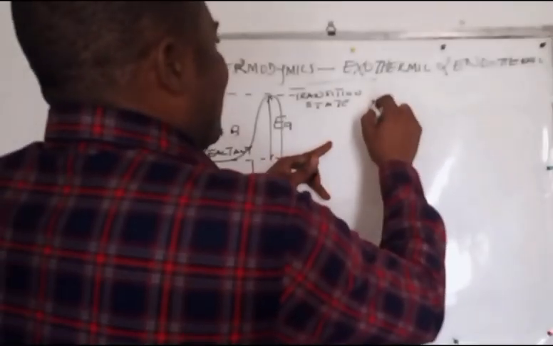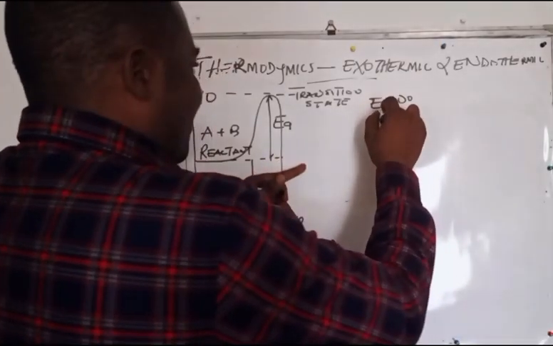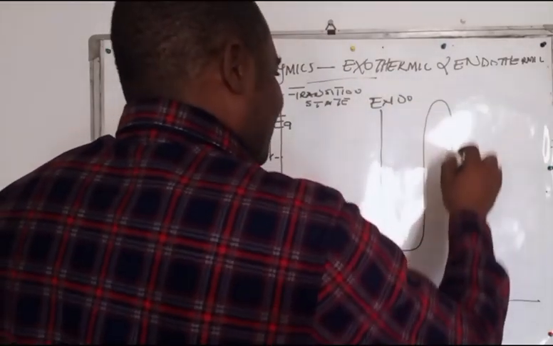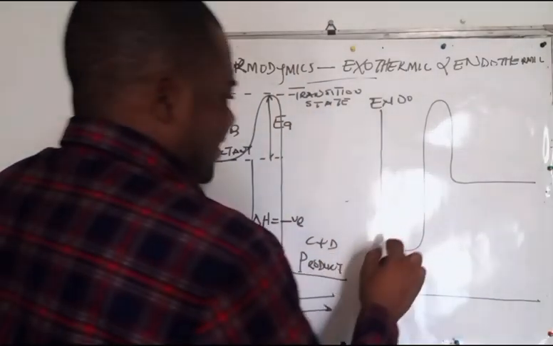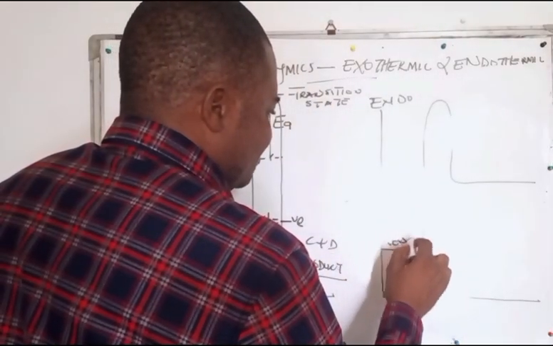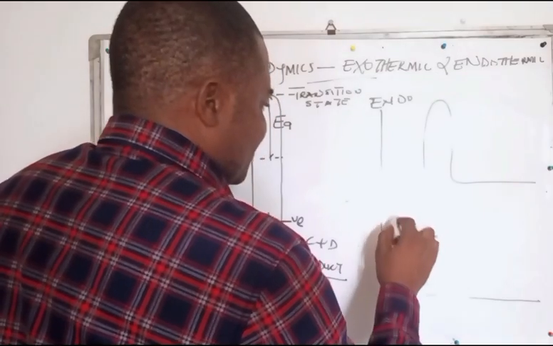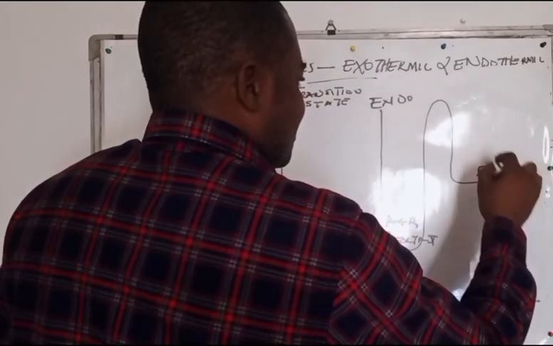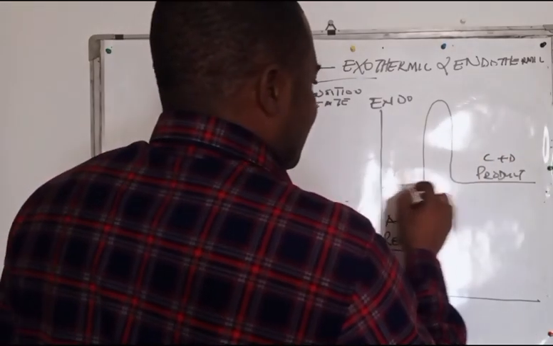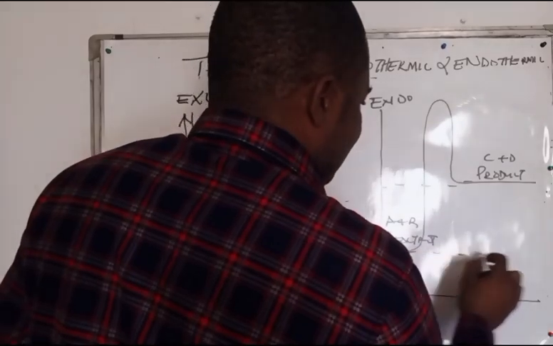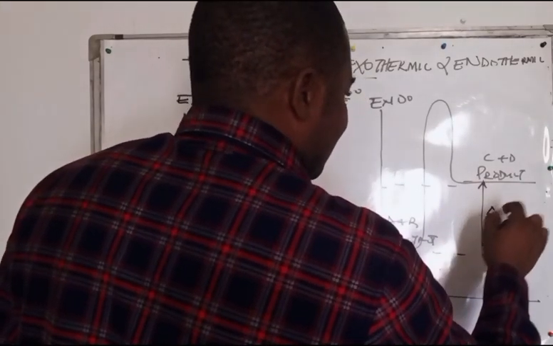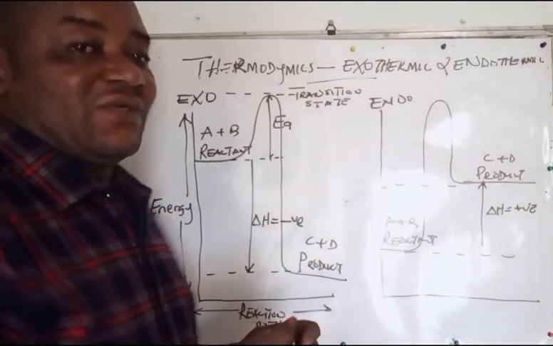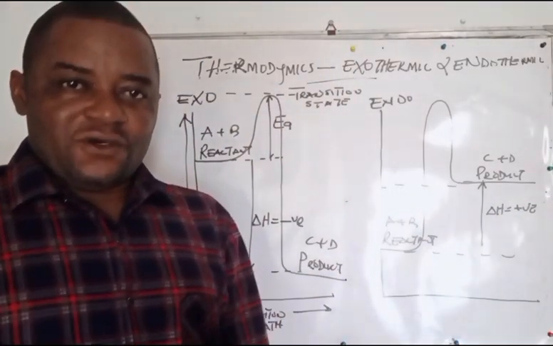And for an endothermic reaction, this is how it looks. We have this, and this is our reactant, A plus B, and this is our product, C plus D. So across this point and across this point, our delta H, the heat change, is positive, because we said that in an endothermic reaction, heat is absorbed into the system.